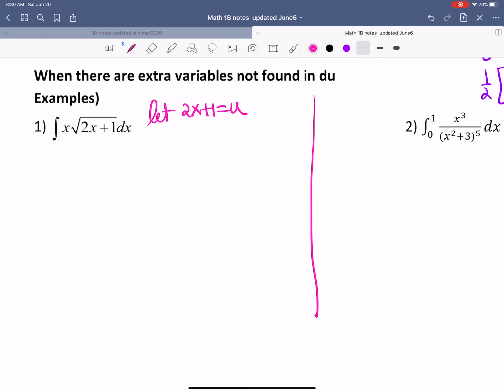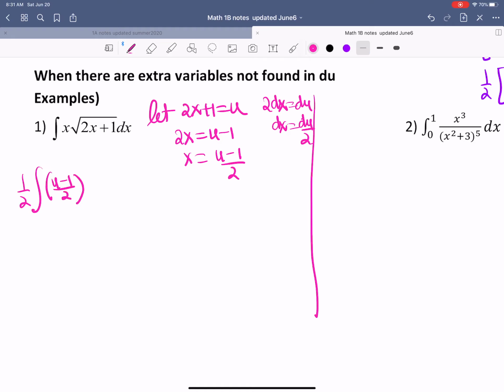And from here I can say 2x is equal to u minus 1, x equal to u minus 1 divided by 2. Also, from here I can say 2 dx is equal to du, which means dx is du divided by 2. All right, so 1/2 du, x is equal to u minus 1 over 2 square root of u du.